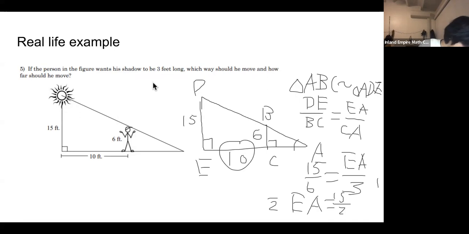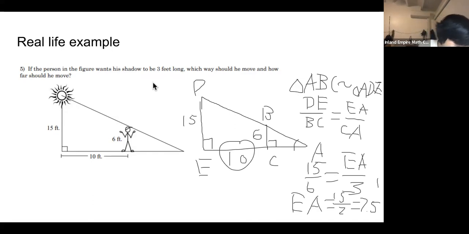We know that EA equals 15 over 2, which is also the same thing as 7.5, right? 7.5 times 2 equals 15, so 15 divided by 2 equals 7.5. Fractions are basically the same thing as division. They're an easier way to write out division.